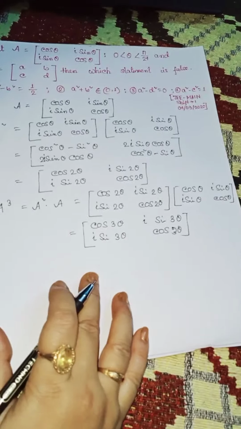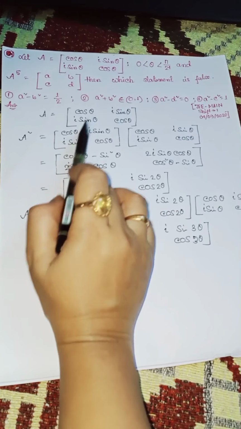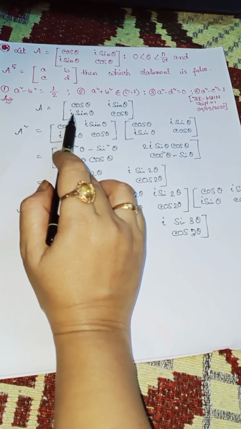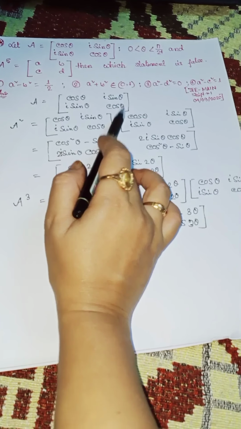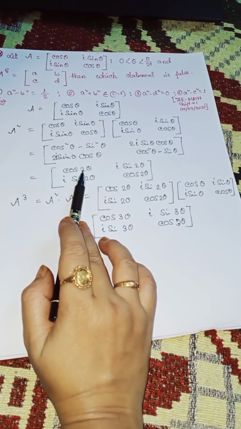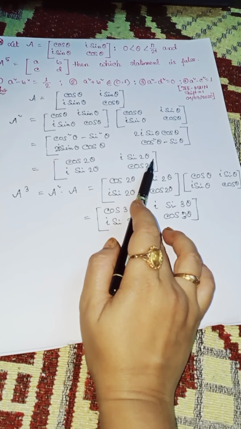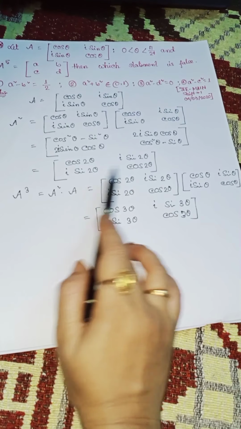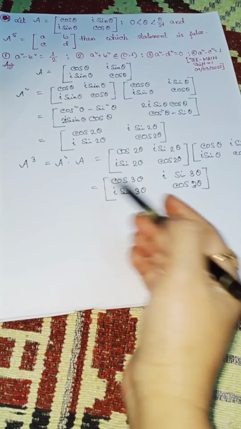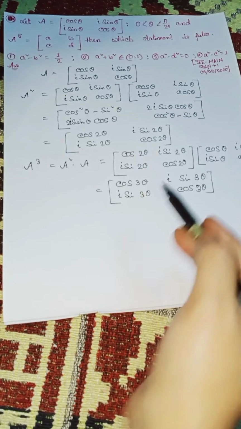So look at this. A is equal to cos theta, i sin theta, i sin theta, cos theta. A square is equal to cos 2 theta, i sin 2 theta, i sin 2 theta, cos 2 theta. Similarly, A cube becomes 3 theta.